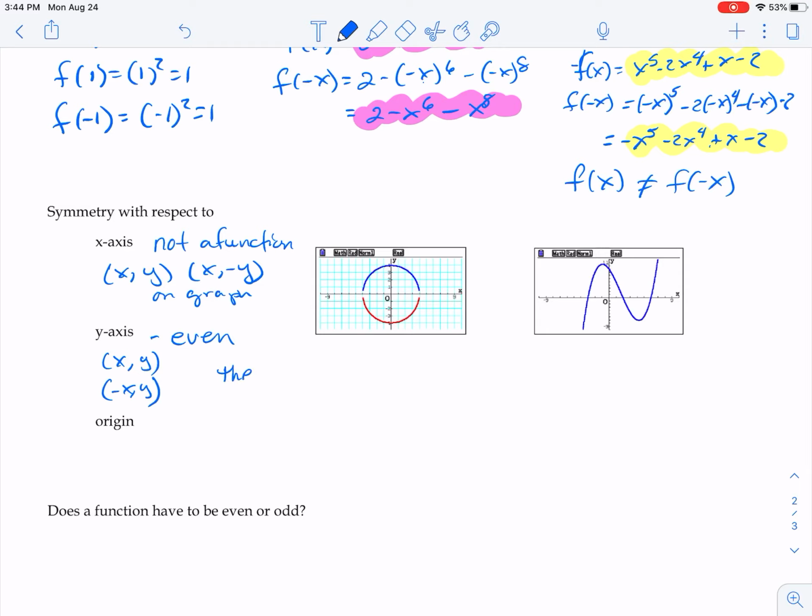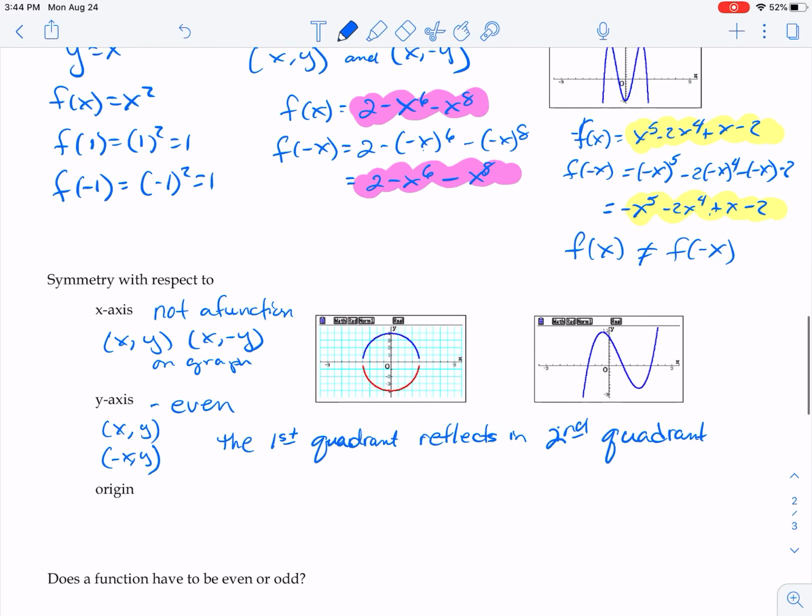The first quadrant reflects in the second quadrant. So look at graph 2.